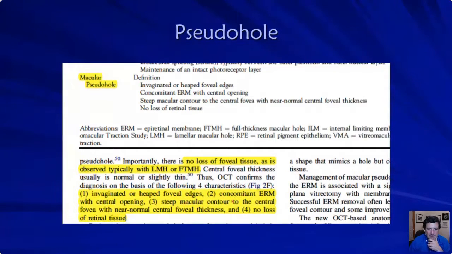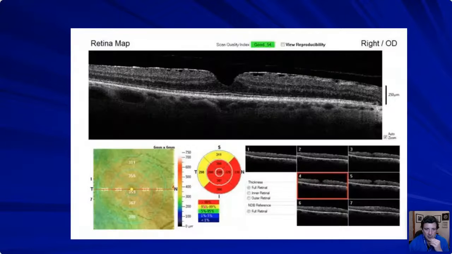You have the concomitant epiretinal membrane with a central opening. And really the key to these is that steepening macular contour to the central fovea with near normal central foveal thickness. The key is no loss of retinal tissue. And that's how you start looking at pseudo holes.